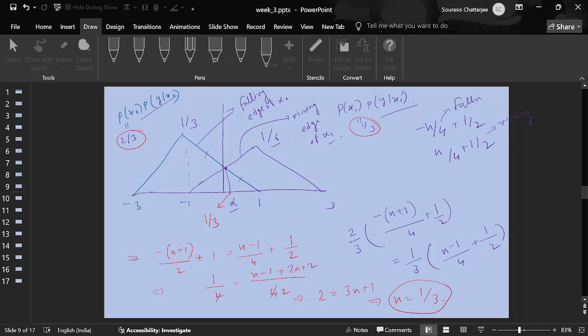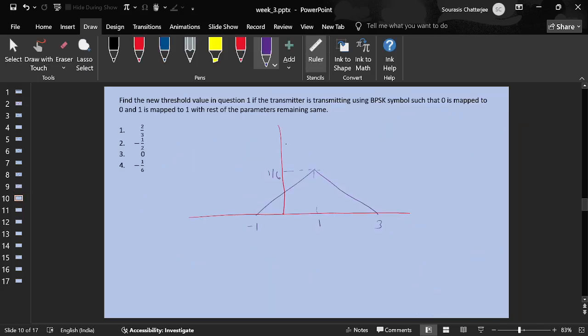The height remains the same, because the parameters don't change, it's only the shift in the mean. Earlier there was a shift of minus 1, now there is no shift, so it's going to be somewhere here. This one and this one, this is 1/3, this is minus 2.